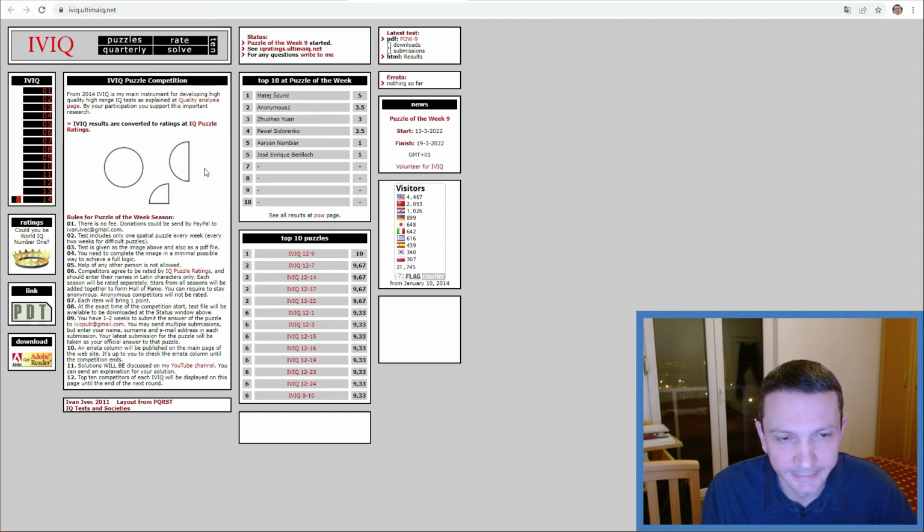Sometimes I don't receive correct solutions at all, but mainly I intend to go with simpler puzzles for learning purposes. And so enjoy.